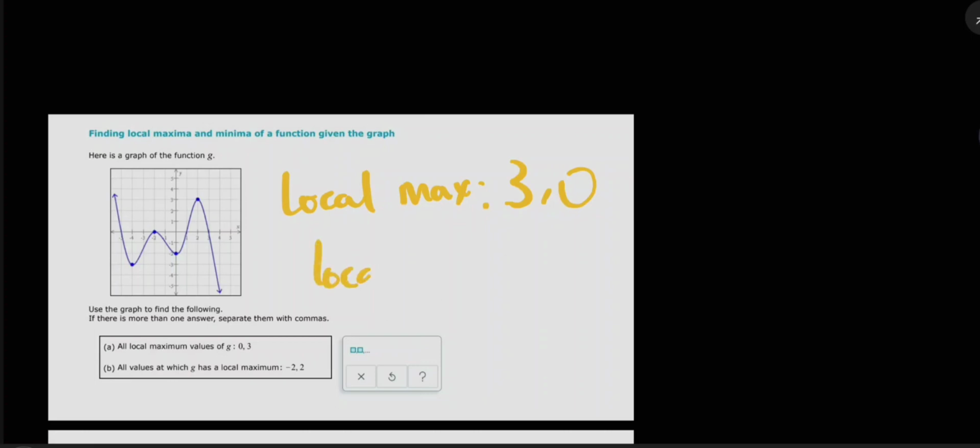And our local minimum or minima, as the case may be, because there are 2 of them, the first one is at -2, and that -2 is found at 0. And the second minimum is at -3, and -3 is at -4.